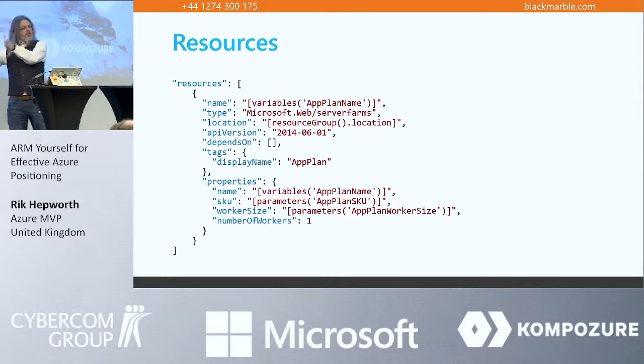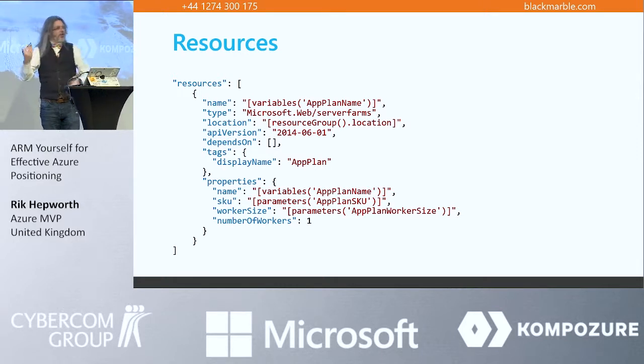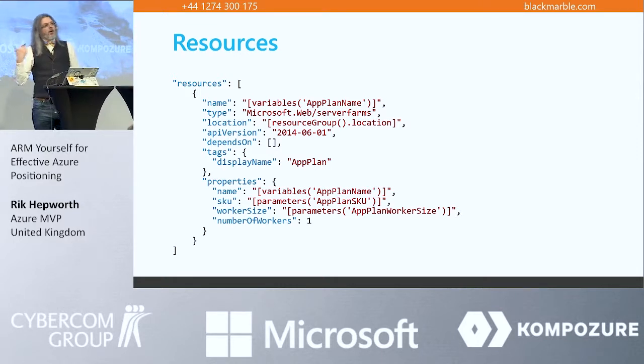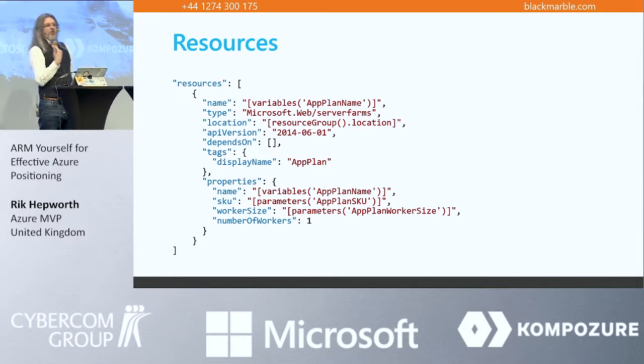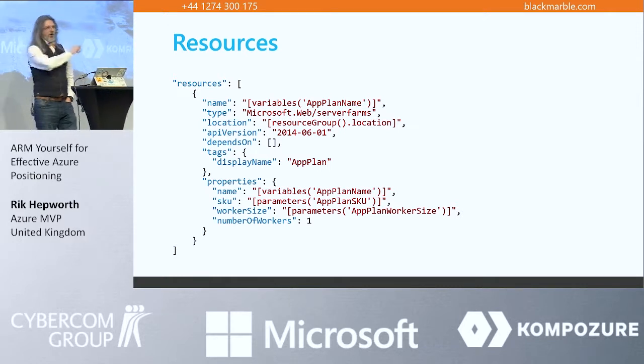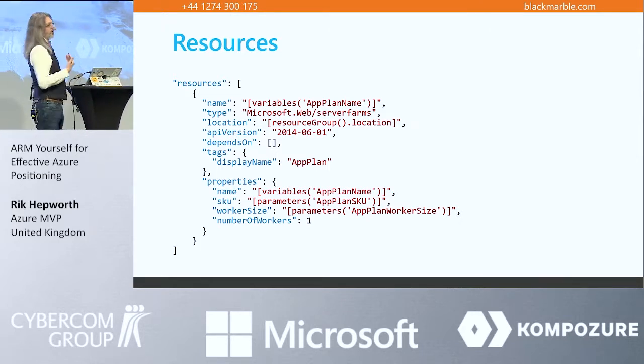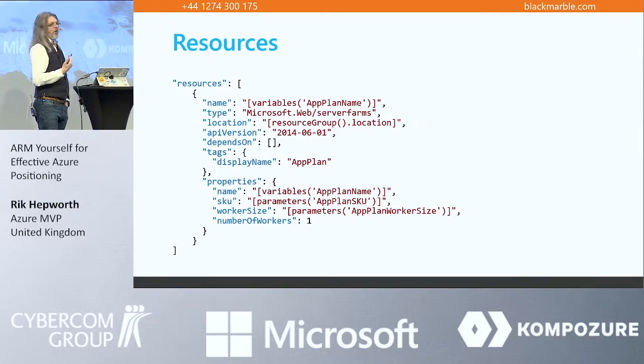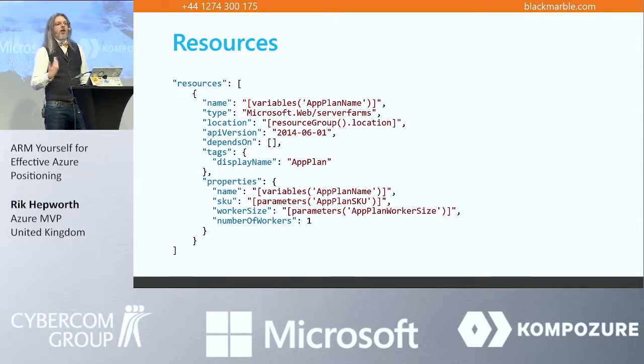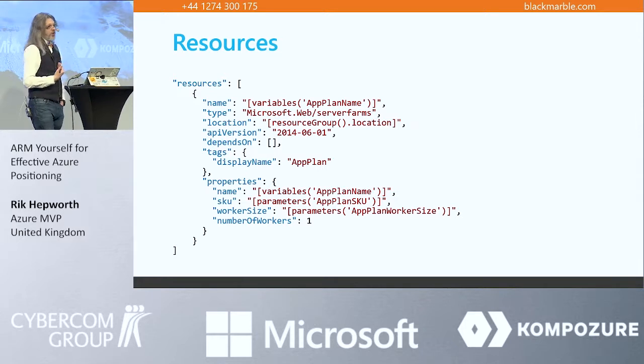If they advance things forward, I've got to use the new API to use the cool new features. They keep those API versions for a very long time, unless they end in preview. API versions that end in preview might go away. So be careful if you're using resources that are using a preview API, that you will have to do some regular housekeeping of those templates and make sure those APIs are still current.